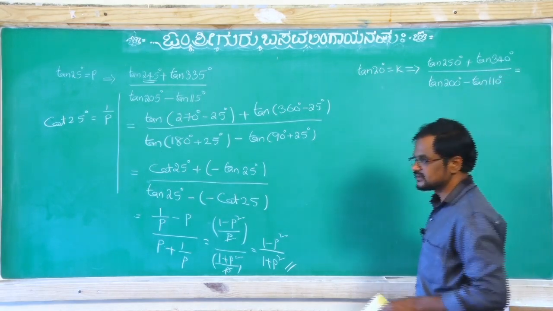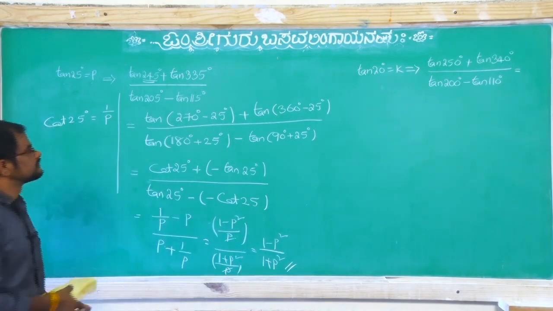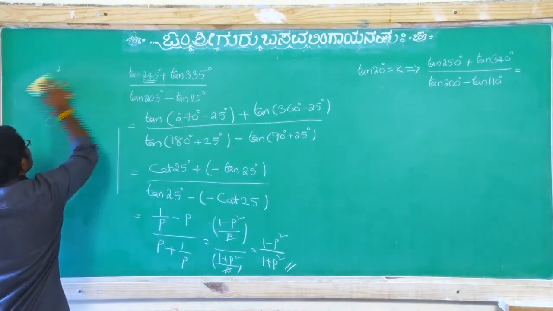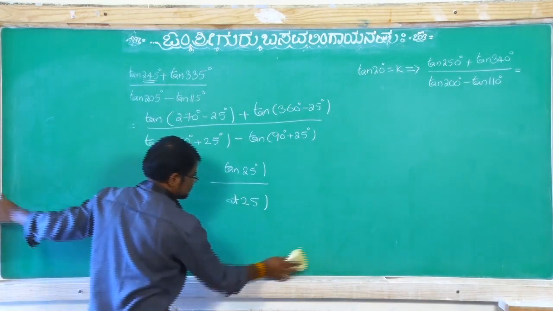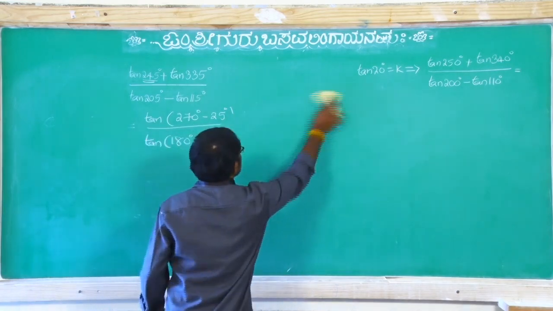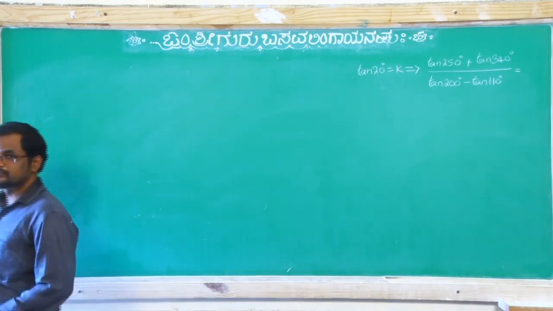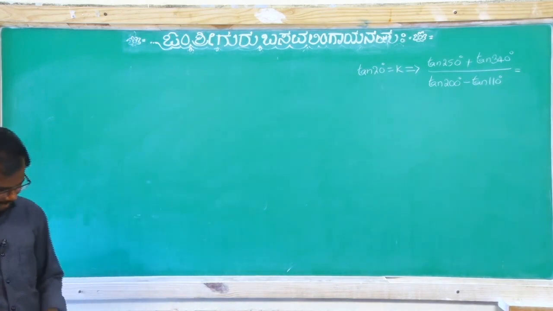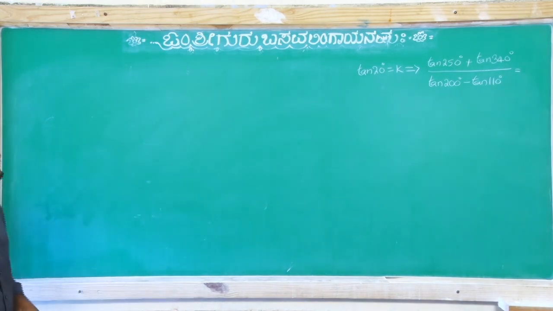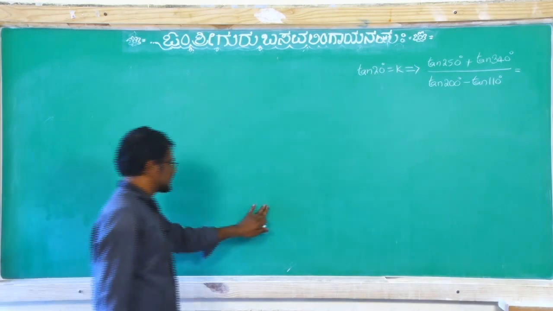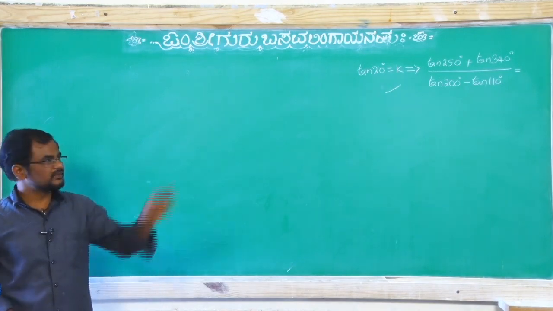This one: 250, 340, 200, 110. You can take it as homework also. Later you do it, if you do not get it, it is the same type of problem.